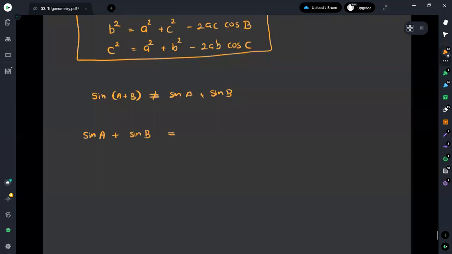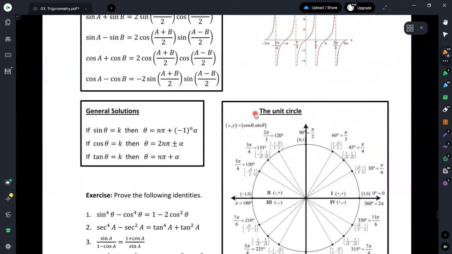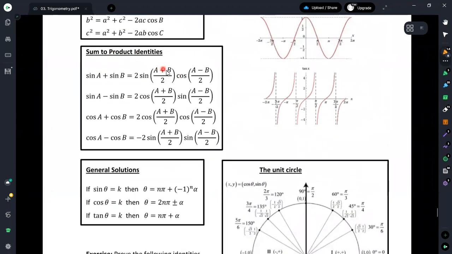Here we have a summation, and we are trying to convert it into a product. We have the summation of the trigonometric ratios sine A and sine B. We have to add them, and find an equivalent product, an equation with products, which is equivalent to the summation of these two sine values.